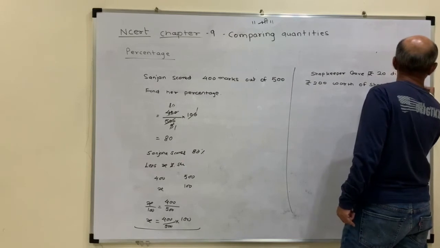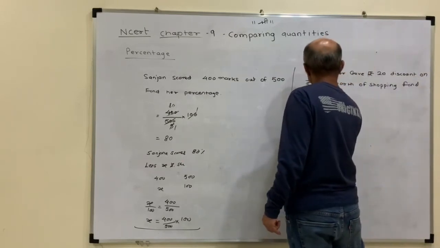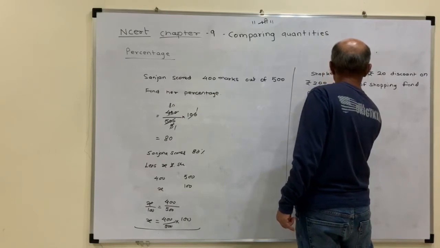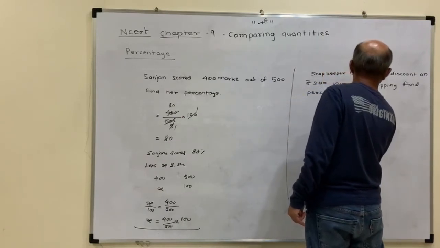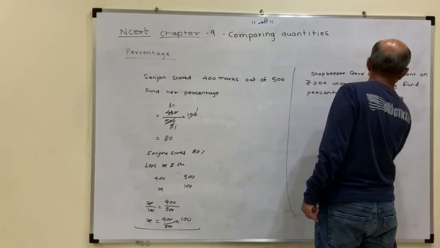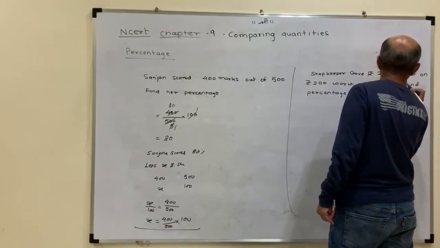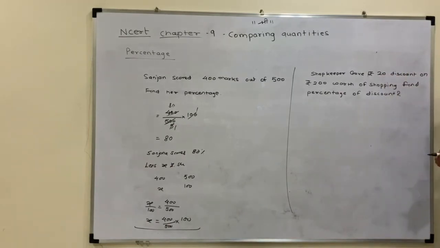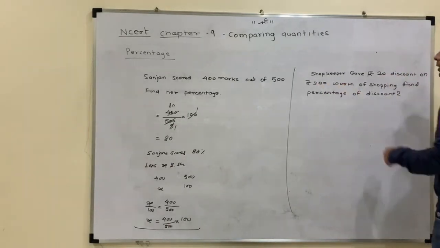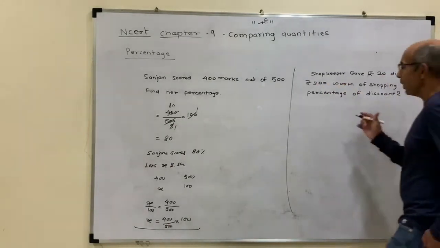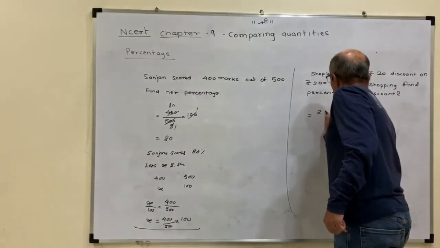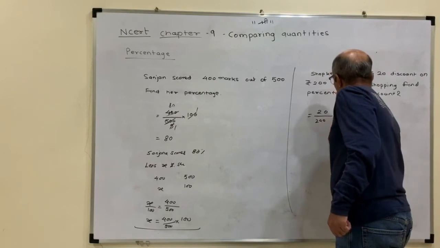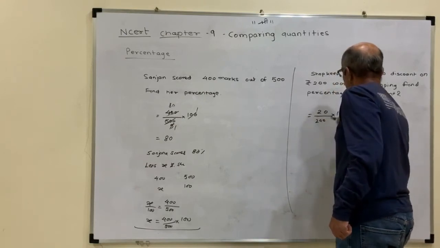Find the percentage of discount. Here again it is the same. How much discount did he give? He gave a 20 rupees discount. On what amount did he give it? On 200 he gave. So how am I going to write? 20 divided by 200 into 100.